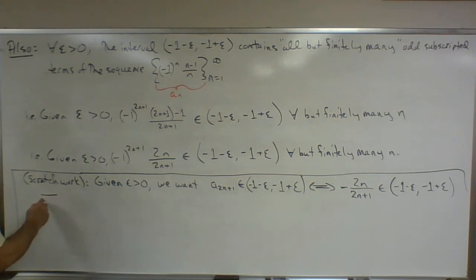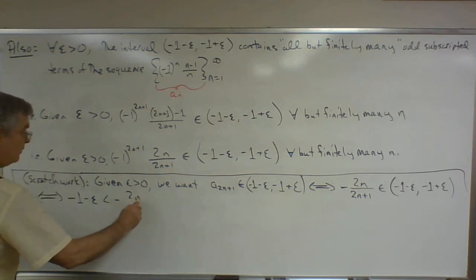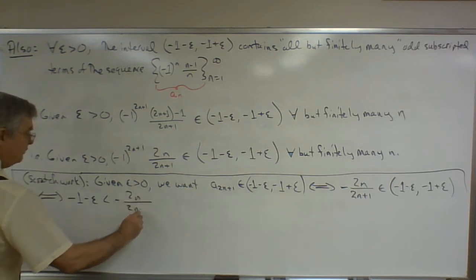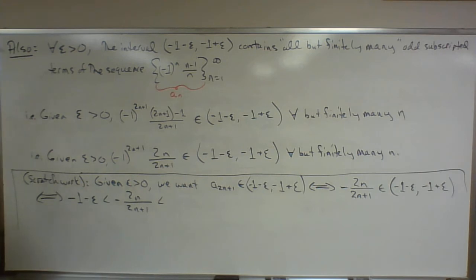And let's see, that's true if and only if, what do I want to do here? Oh, I know what I want to do. I want to say negative 1 minus epsilon is less than negative 2n over 2n plus 1, and that in turn is less than negative 1 plus epsilon.